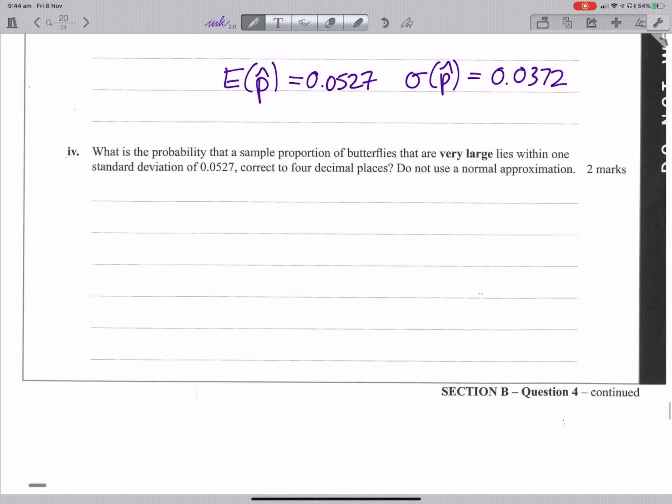What's the probability that the proportion of butterflies that are very large is within one standard deviation, correct to 4 decimal places? Do not use a normal approximation.